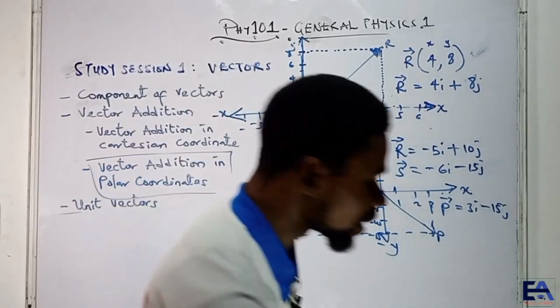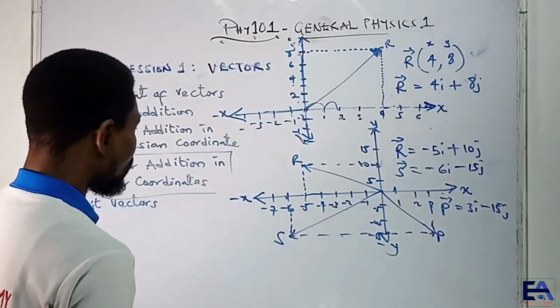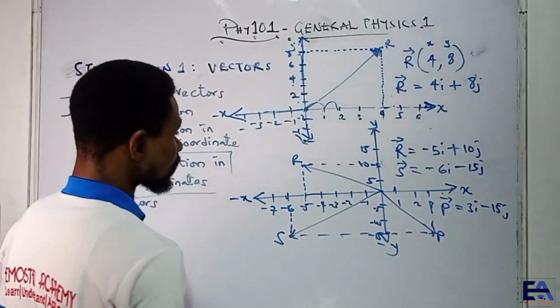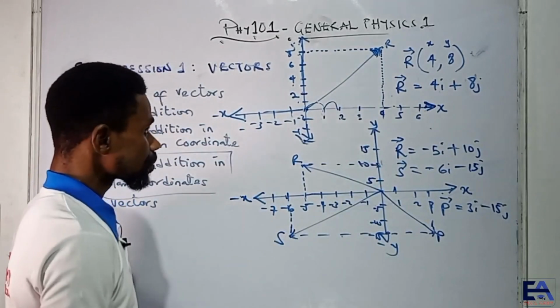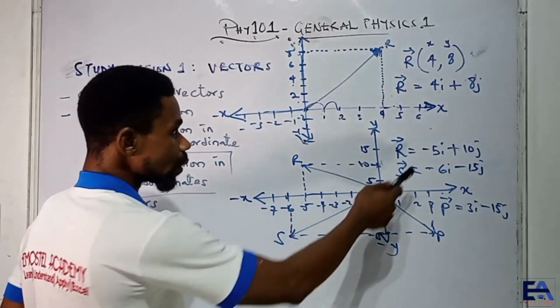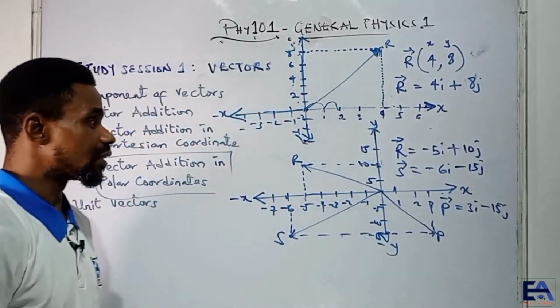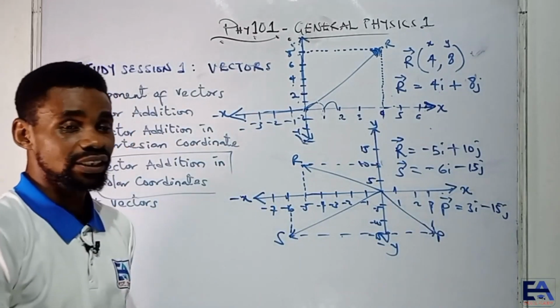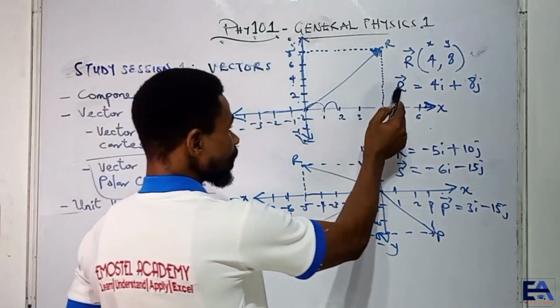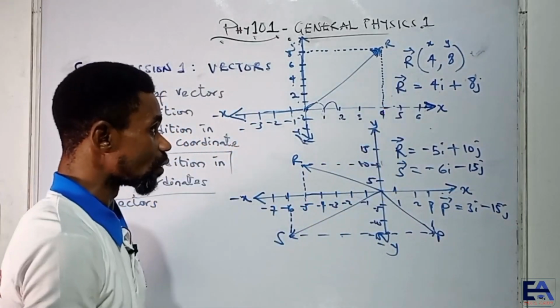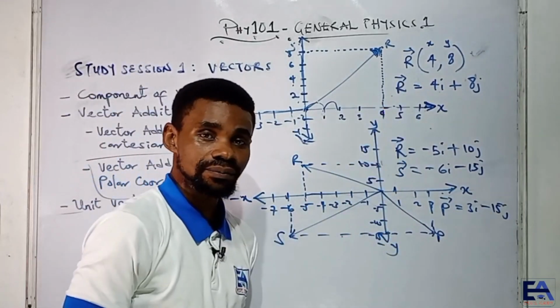Okay, if we now want to find the magnitude of the vectors. Okay, now, let me quickly explain the reason for the plus. The plus that we are seeing here stands for the resultant vector. The resultant vector of R is the overall effect of this vector R on each axis.